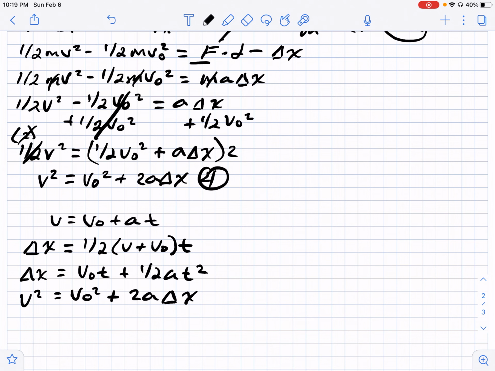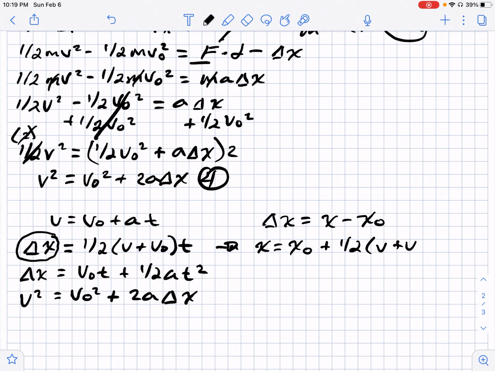Now, one thing to note here: if you look at the equation chart, they actually break this delta x into your final minus your initial. So if you see that, don't get confused, it's the same thing. So on the equation chart, it says x equals x naught plus 1/2 (v plus v naught) times t.